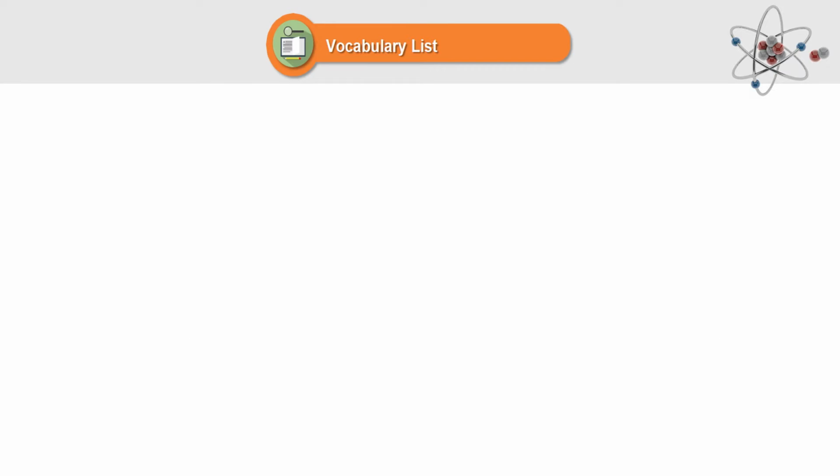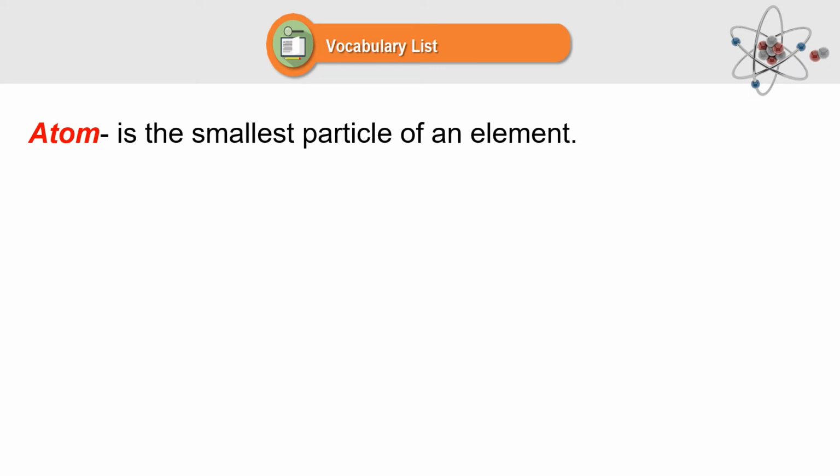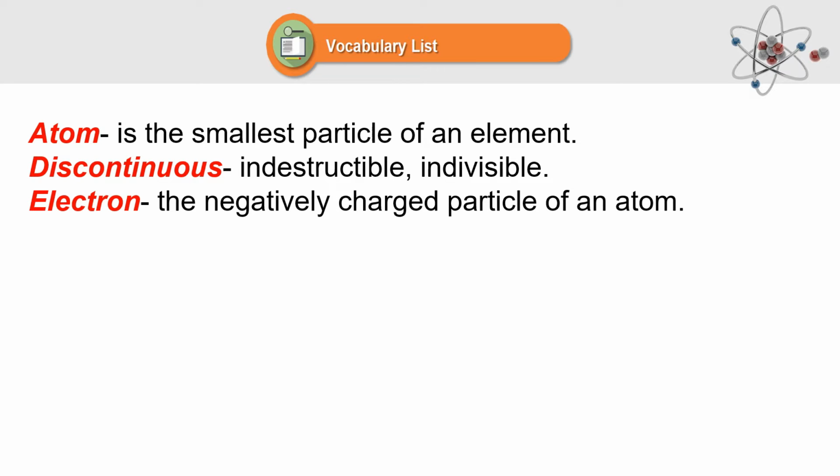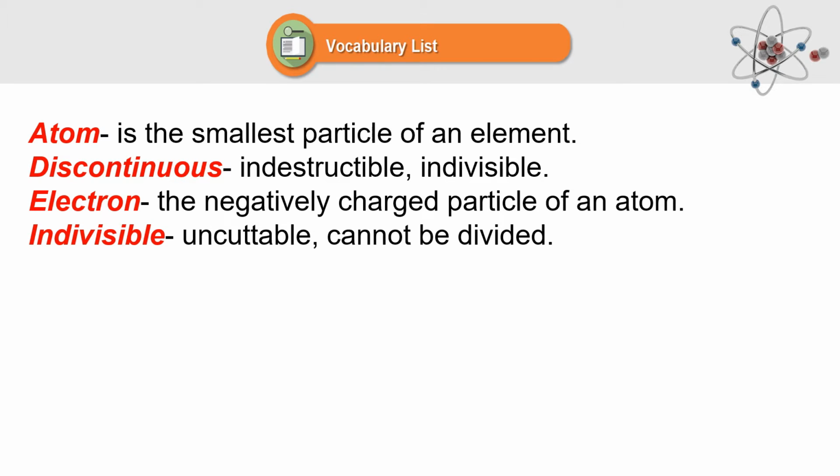The following are the terms used to help us understand about this lesson. Atom is the smallest particle of an element. Discontinuous, indestructible, or indivisible. Electron, the negatively charged particle of an atom. Indivisible, uncuttable, or cannot be divided.